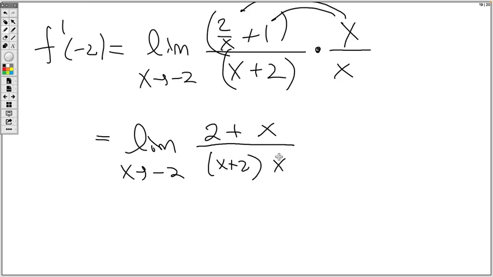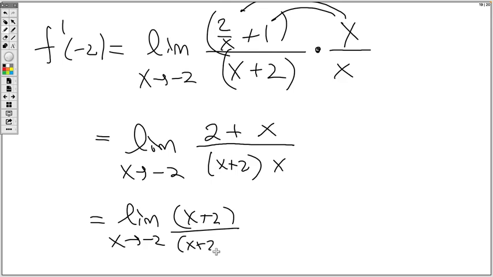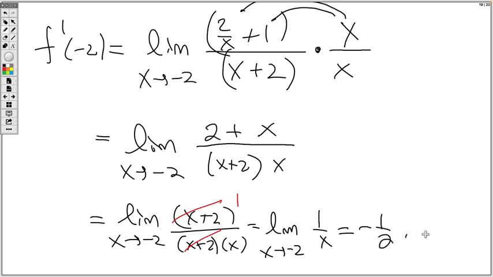That's the whole goal here. Will it cancel? Yeah, because look at that numerator. It says 2 plus x, but that's the same as x plus 2. That's your commutativity for you. Can I now cancel out? Can I plug negative 2 in now with any issues? So what's my final answer here, folks? Negative 1/2.